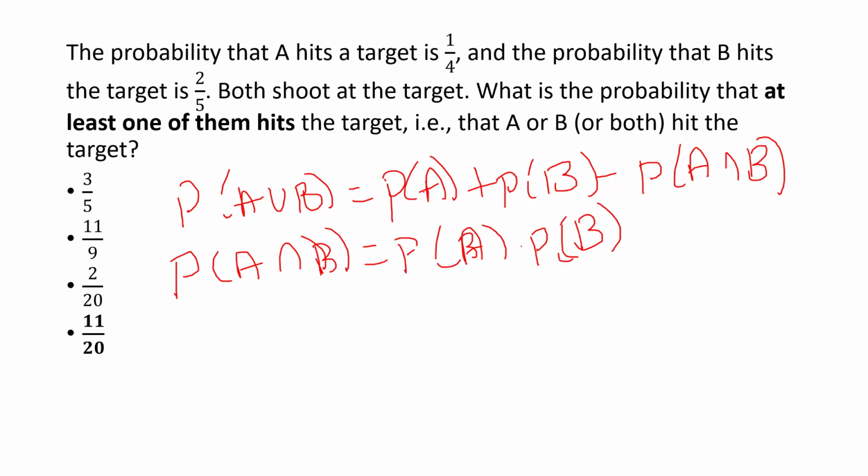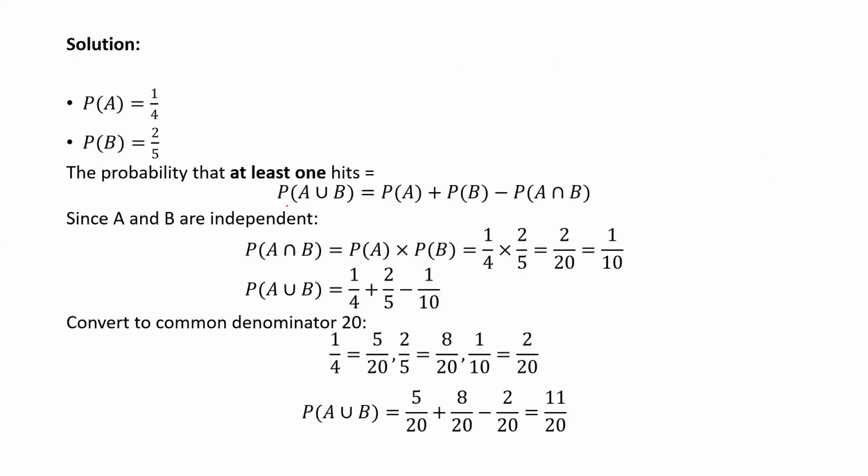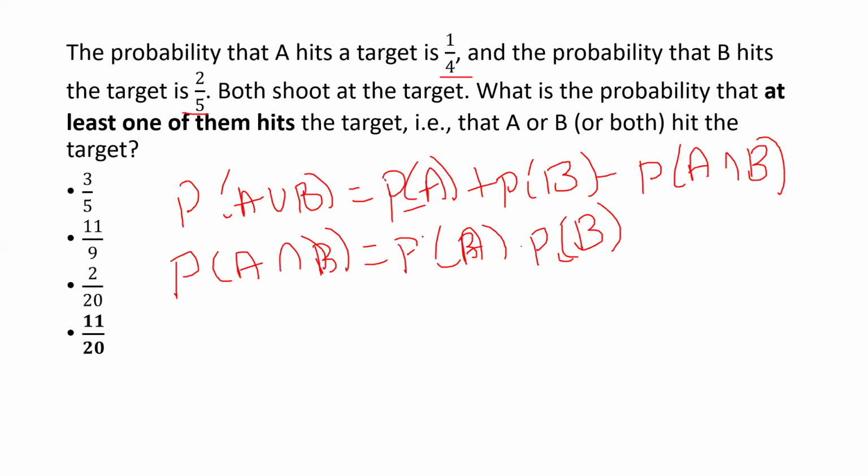First, what is the P of A value? 1 by 4. P of B value is 2 by 5. Now we can see one by one. First, this is the formula, P of A union B. Before finding this, I need to find this A intersection B, because I know P of A and P of B. How to find A intersection B?